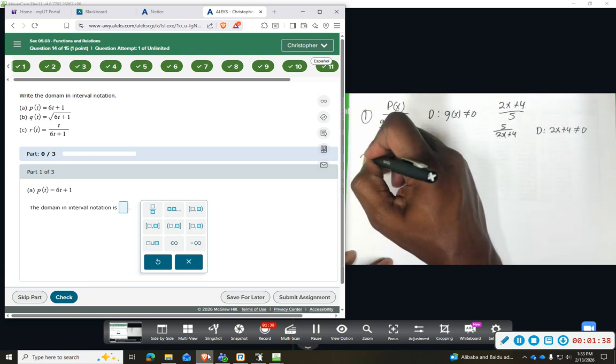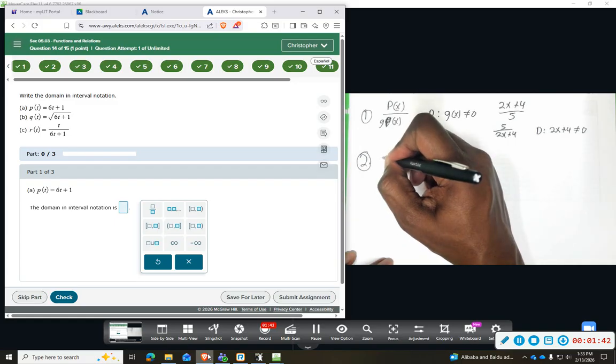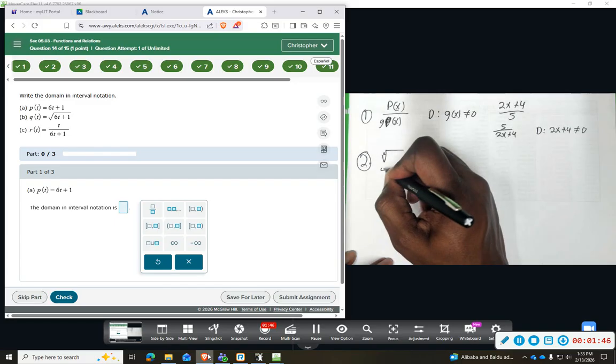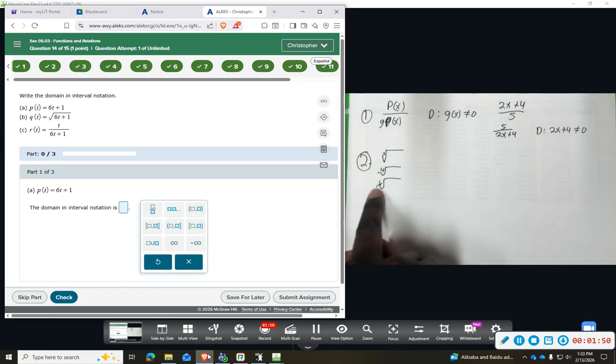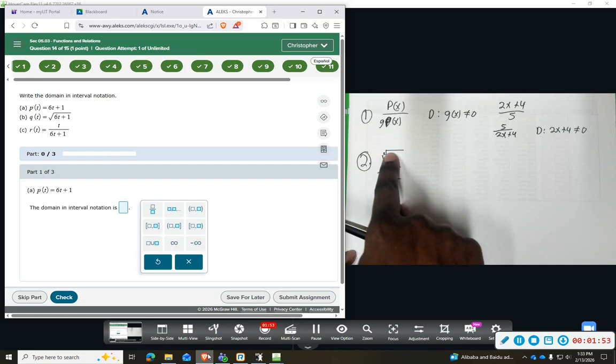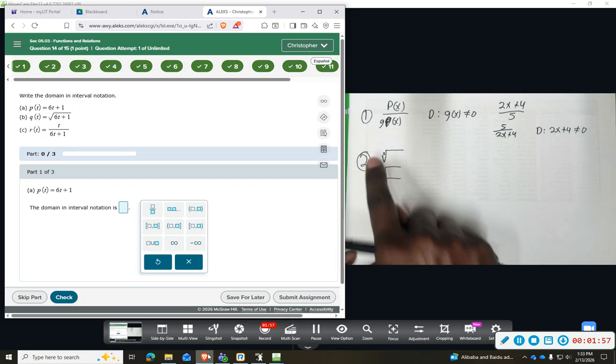Case number 2, if you have an even root, so that's like a square root, which is understood to be a 2. If you have a 4th root, 6th root, so any kind of radical that has an even root. Now, if you had a 3, 5, 7, this does not apply. Even roots only.